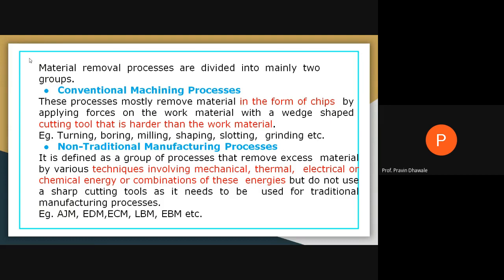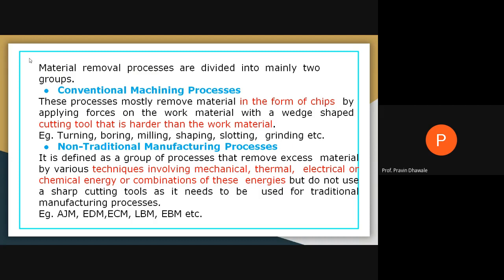Now, what is the conventional machining process? In the conventional machining process, they mostly remove the material in the form of chips by applying force on the workpiece with a wedge-shaped cutting tool, whose material is harder than the material of the workpiece.